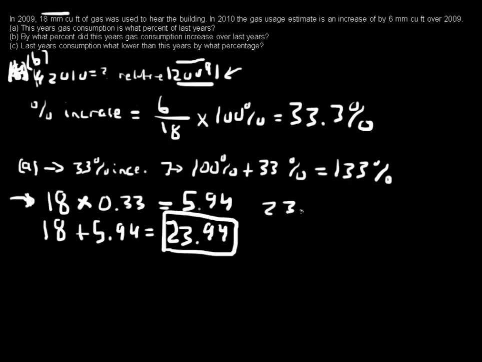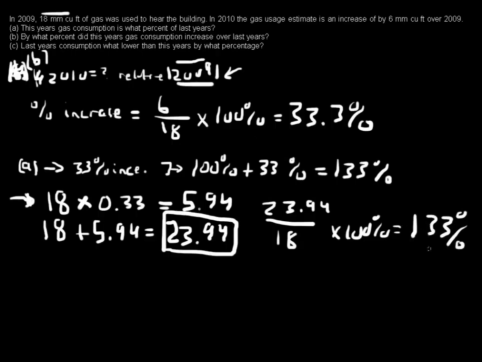So this year we're using 23.94 relative to last year. Punch that in your calculator. There you go, 133%. So doing both ways will work. This way is kind of the logical way of thinking about it, and this is kind of the mathematical approach.